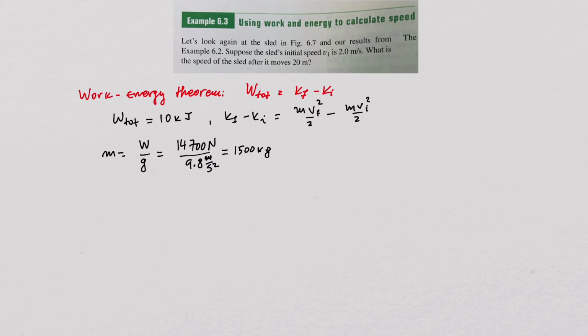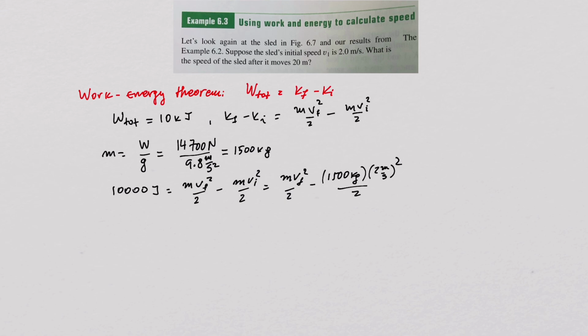Now let's combine all of that information together to calculate the final velocity of the sled. So we have 10,000 joules is equal to m v final squared divided by 2 minus m v initial squared divided by 2. So from here we have m v final squared divided by 2 minus 1,500 kilograms times 2 meters per second squared divided by 2.